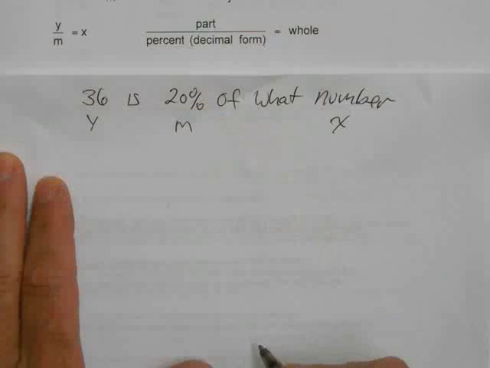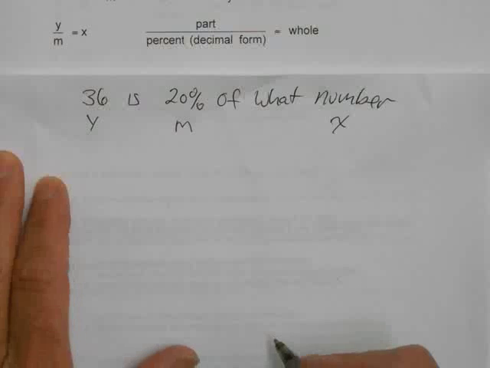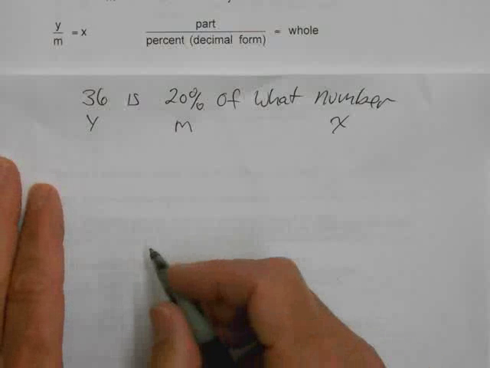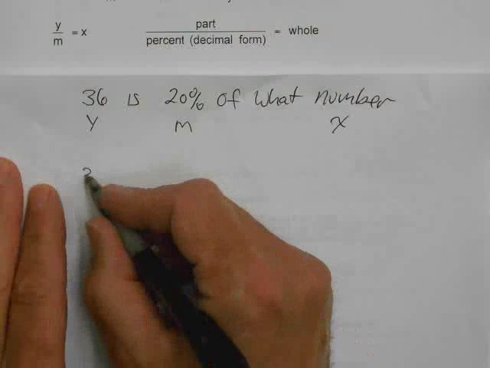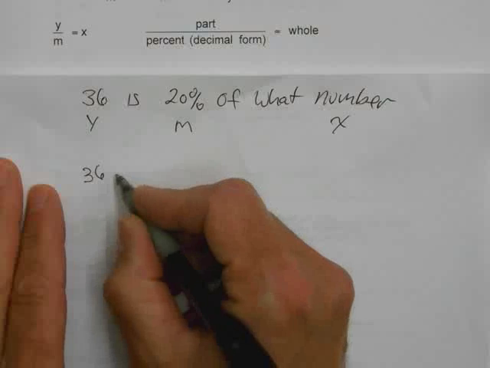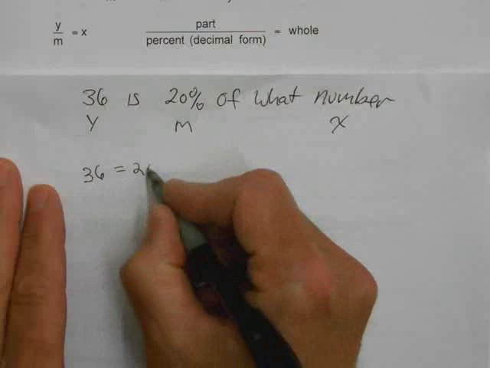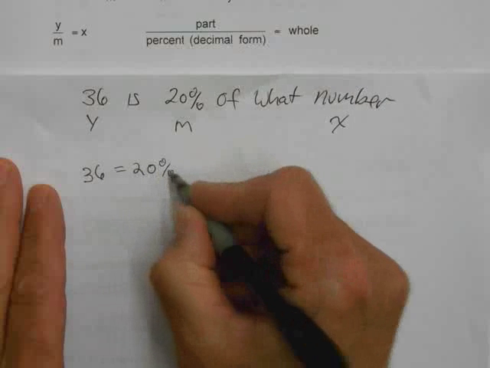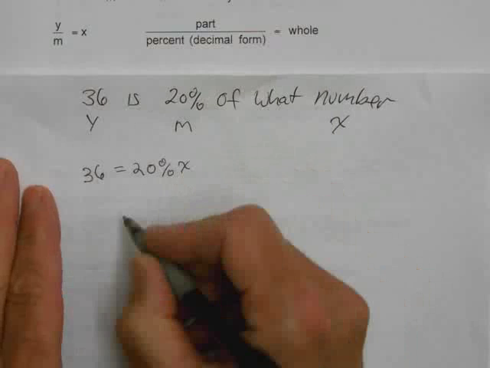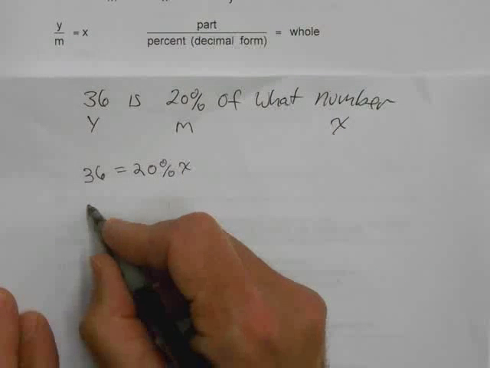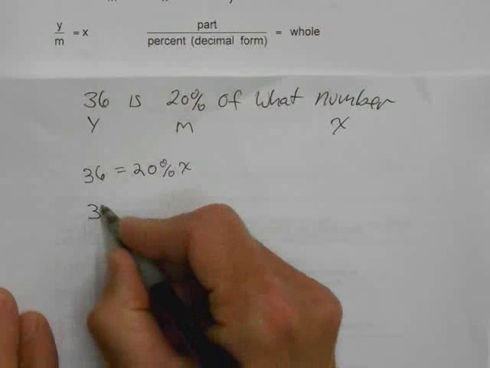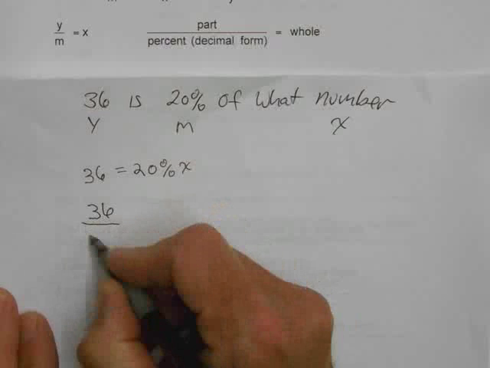All right. 36 is 20% of what number? You can think of it that you started out like this, right? 36 equals 20% multiplied by x. And what we're going to rewrite this as is essentially this: 36 divided by 0.2 equals x.